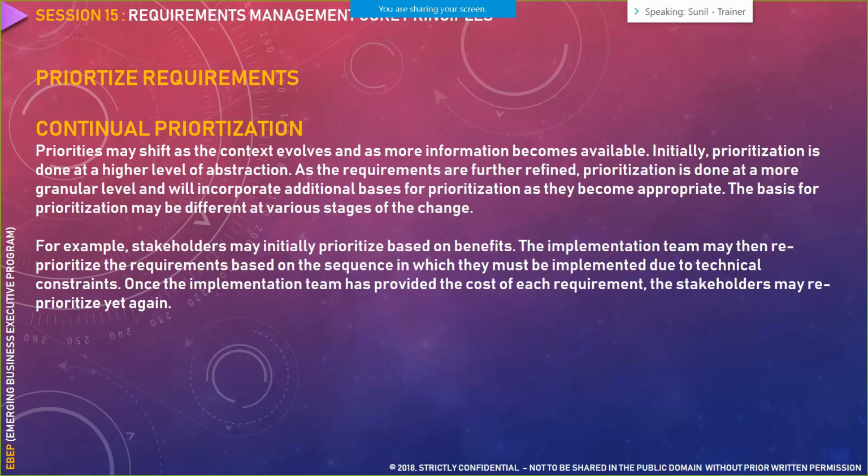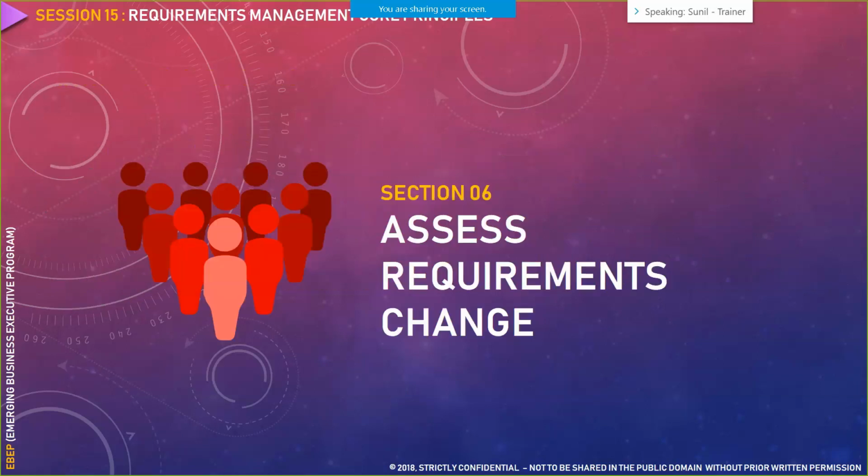Since the requirements are always in an upgrading stage, they keep on prioritizing themselves continuously. So you have to listen to your stakeholders, understand what benefit they are looking for when it comes to continual prioritization, and take a call accordingly.